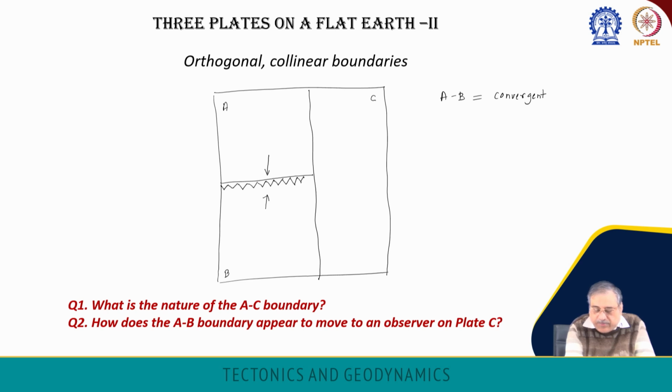So we've depicted the system in such a way that the polarity is such that A is the subducting plate and B is the overriding plate. Let us say that this relative velocity, oops, sorry about this.